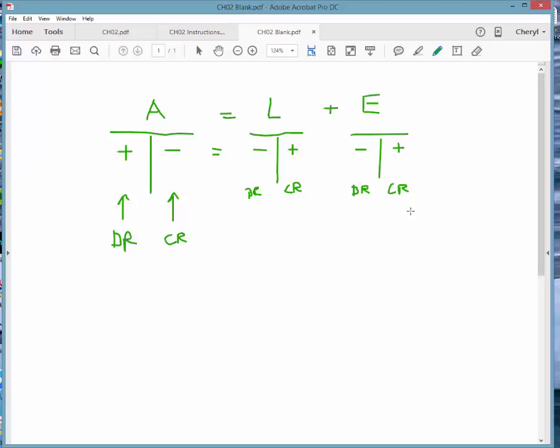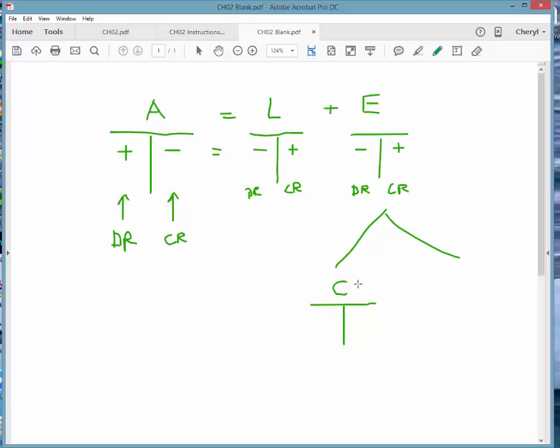Okay. Now this is where it gets a little tricky. We're going to break out equity into the capital account, which is what we're going to deal with a lot. You saw the capital account in Chapter 1. This is where we're going to record all investments that the owner makes in the business. Okay.